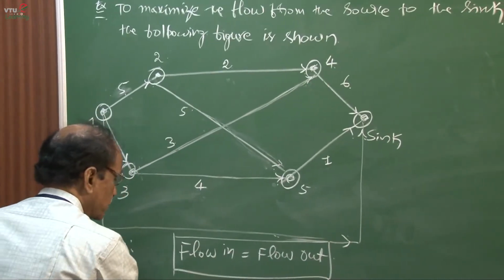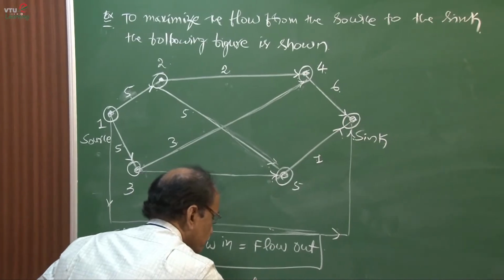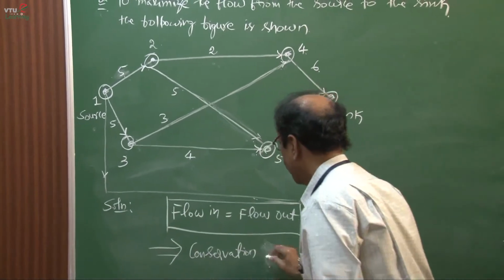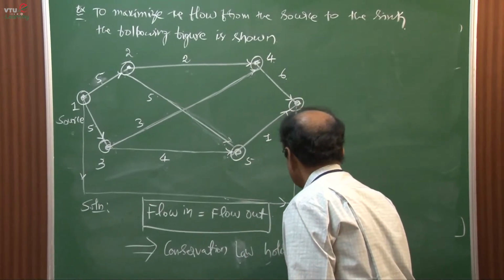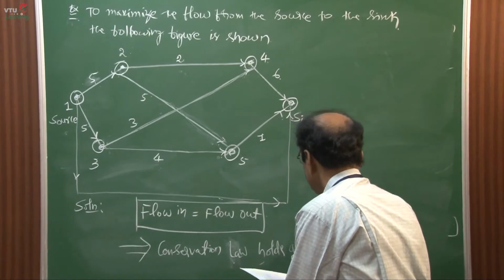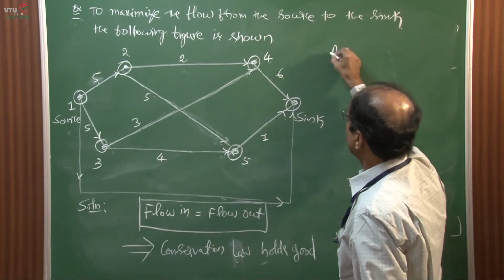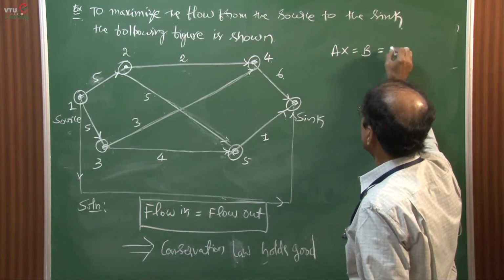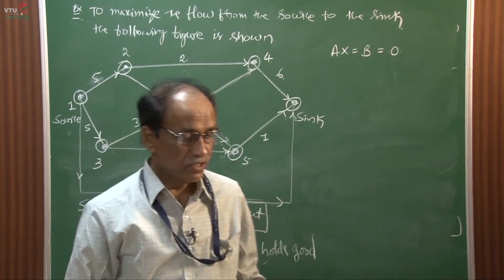This represents conservation law, you can say. Conservation law holds good. For this, the matrix equation, that is Ax = b, then you can write it as 0. What is the meaning of that actually?